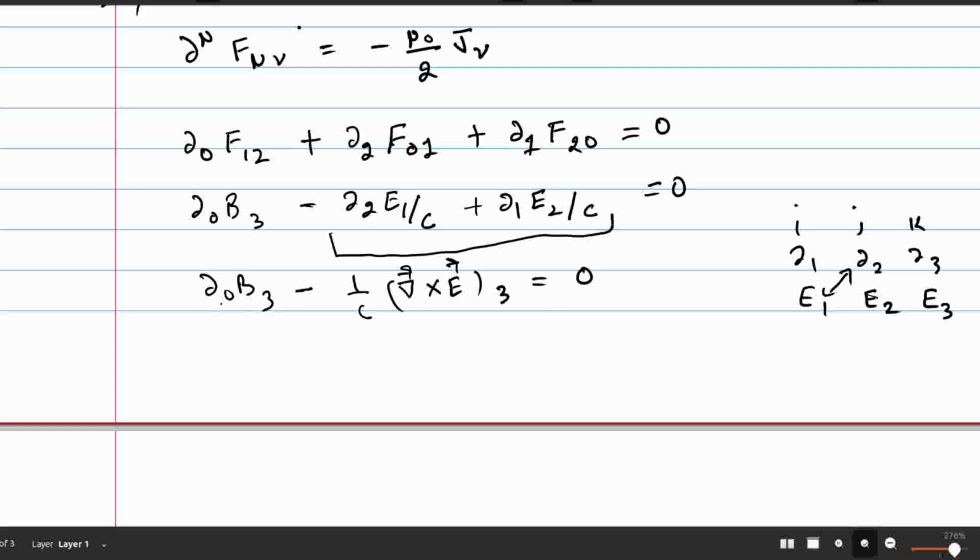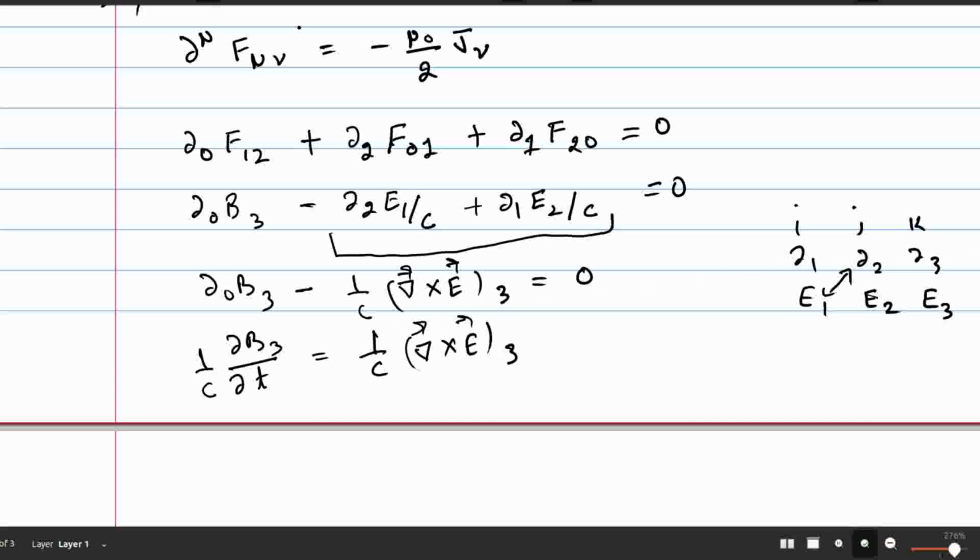Now del 0 is del by del x 0, so this is del B3 by del x 0. Now x 0 is CT, so this is 1 by C del B3 by del T, and this is 1 by C curl of E third component.